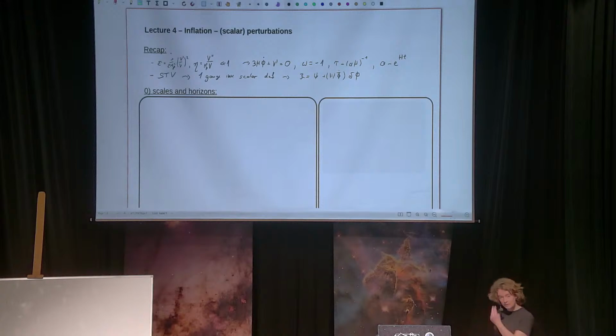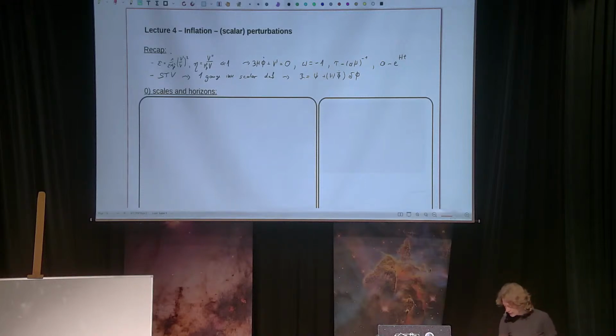And then at the very end of the last lecture, we already very briefly touched on perturbations. Particularly we saw that if we're looking at the scalar perturbations, which are contained in this scalar field, which is called the inflaton field, and in the metric, then we have one dynamical or physical degree of freedom, which we can express in a gauge invariant way in terms of this curvature perturbation here, which contains a term from the metric and a term from the scalar field.